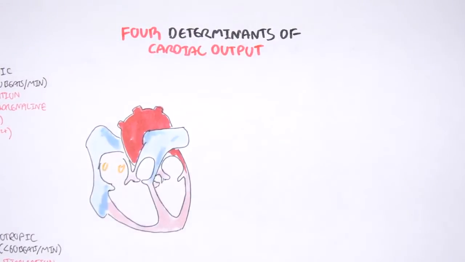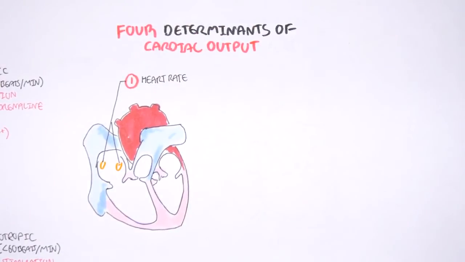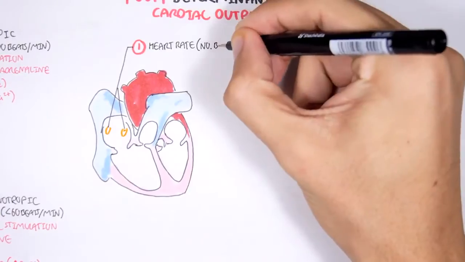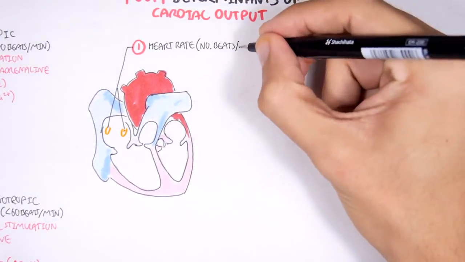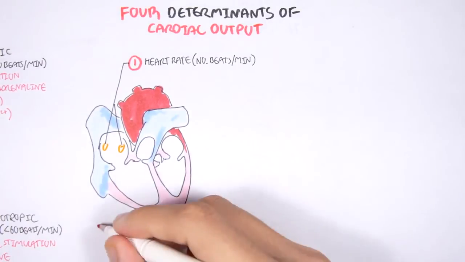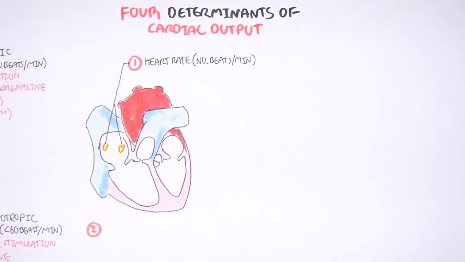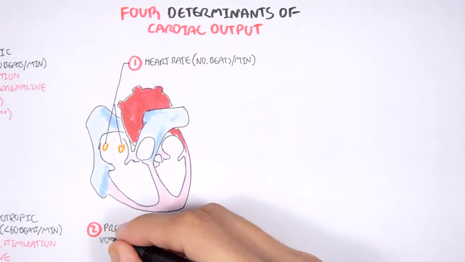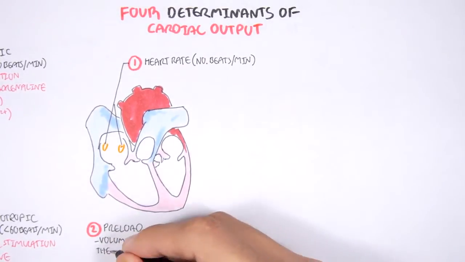The first determinant of cardiac output is heart rate, as we mentioned, which is how many beats per minute. The other three determinants of cardiac output are factors that influence stroke volume, which in turn affects cardiac output. So the second determinant of cardiac output is preload, which is the volume of blood entering the ventricles.